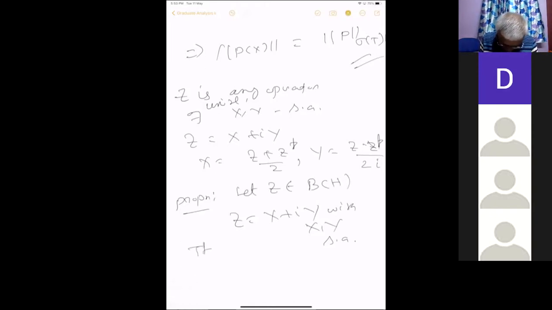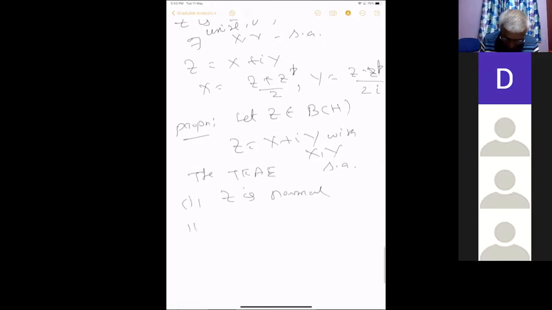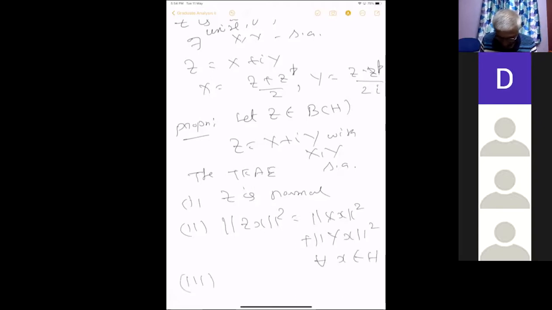Then the following are equivalent. 1, Z is normal. 2, norm Zx squared equals norm Xx squared plus norm Yx squared for all x in H. Then the third condition is X and Y commute.